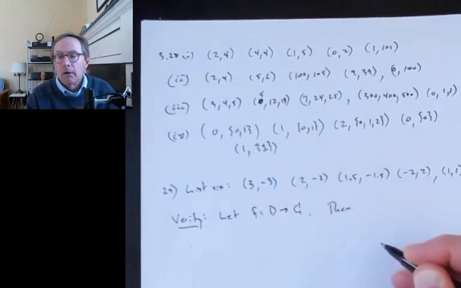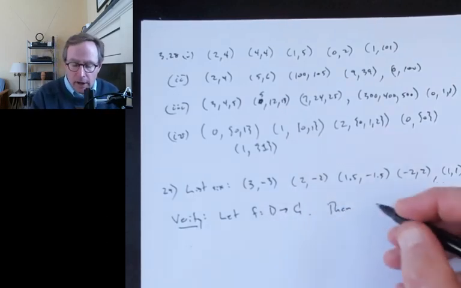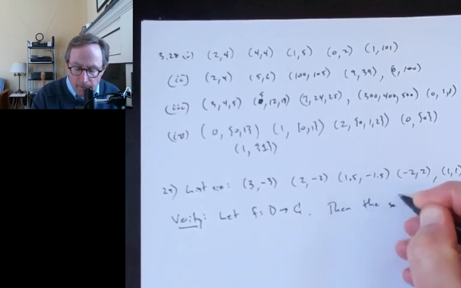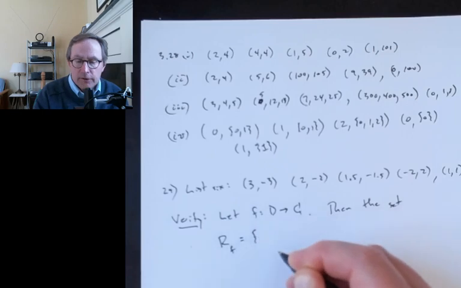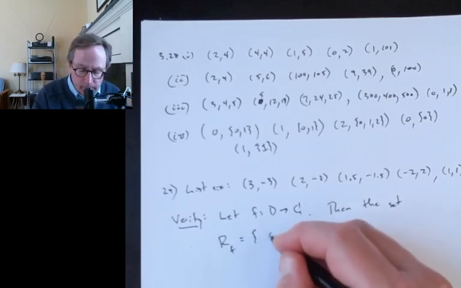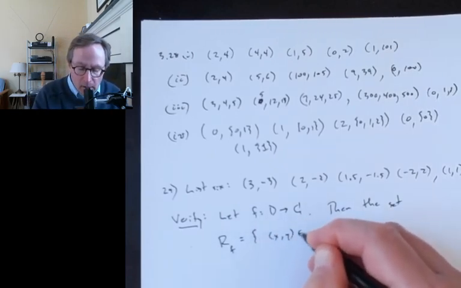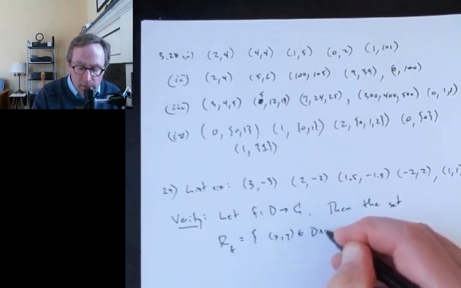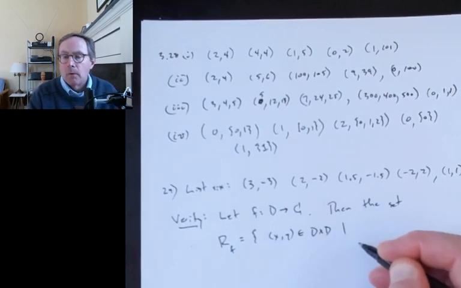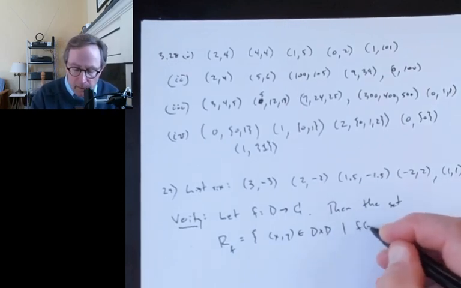Then the set Rf is the set of x comma y's that are in domain cross domain, where f of x equals f of y.